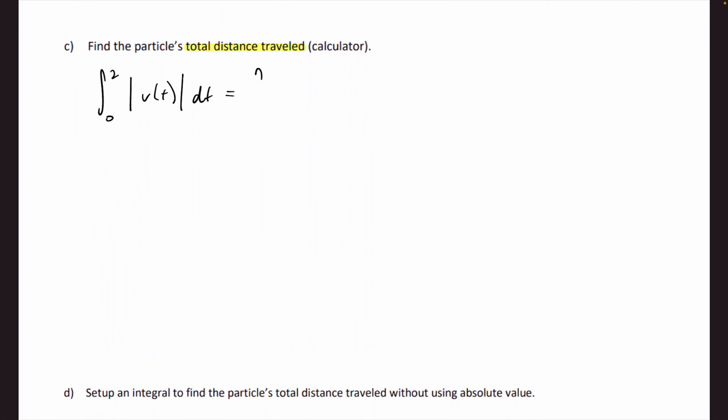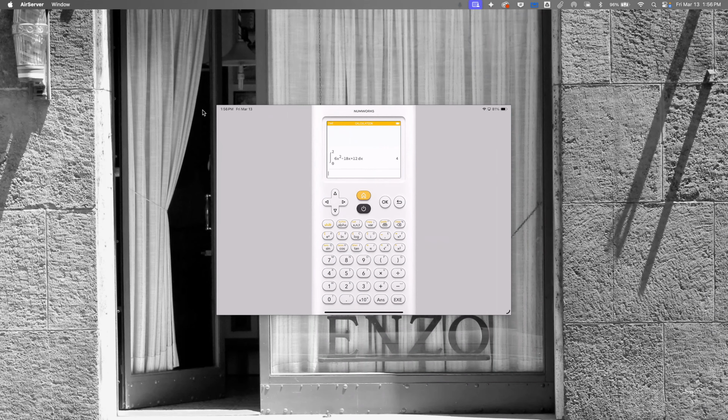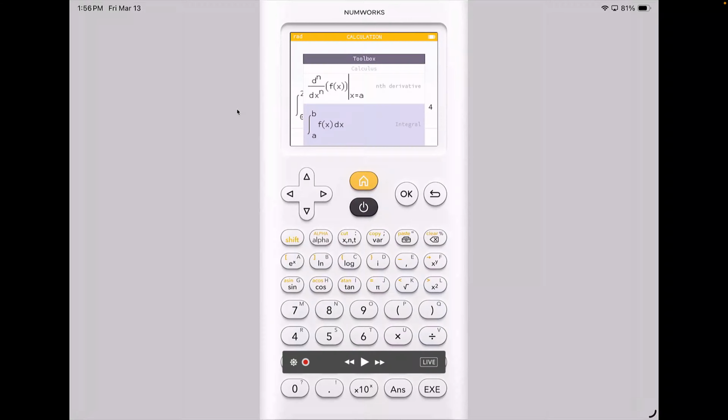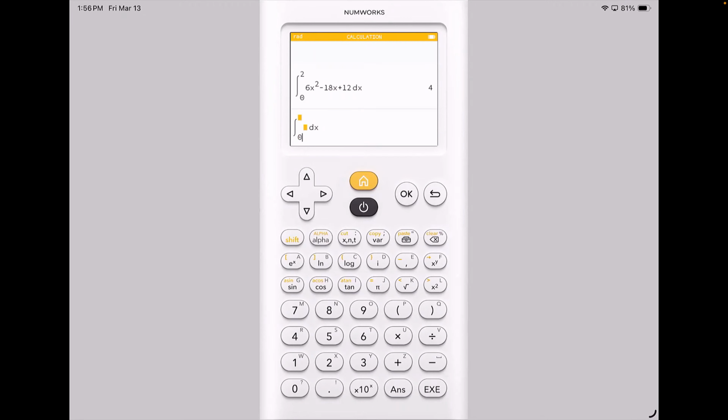So in other words, this is what we're going to put in our calculator, except without the t's. Absolute value is in the same toolbox. So we go to the toolbox, integral, 0 to 2.